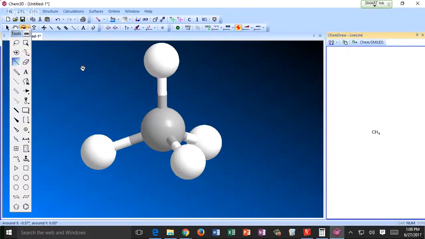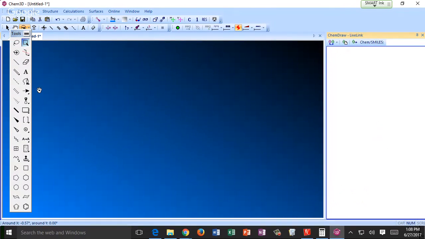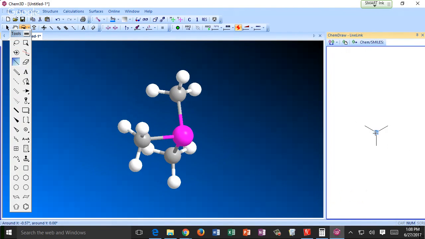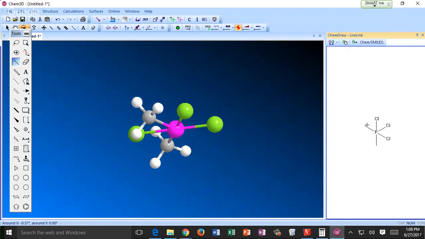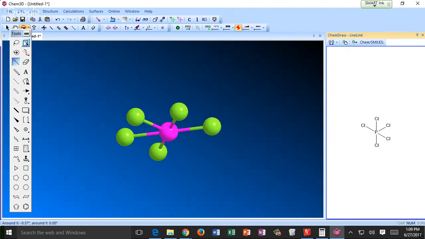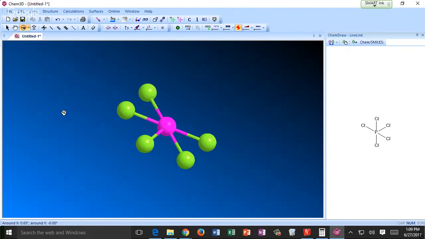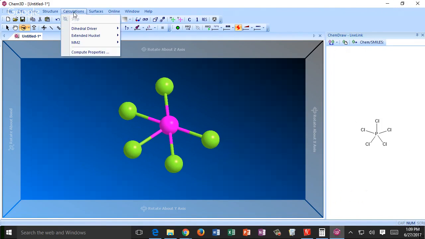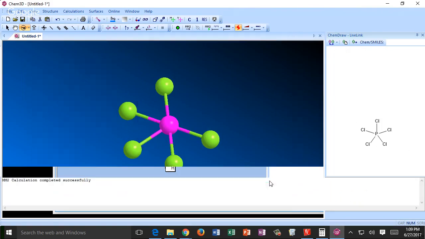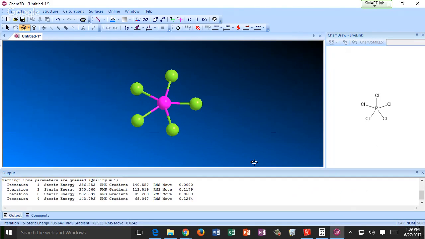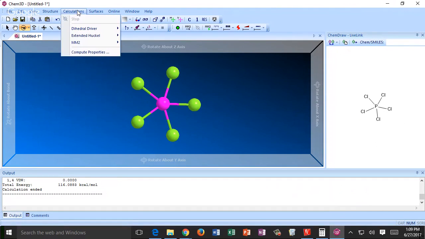If we can get this in the structure. Let's see. I don't know if we can get this thing to actually. There's a picture of it in the book. There, yeah. It's more fun if we can spin it around though, isn't it? Yeah, that's not minimizing energy properly.